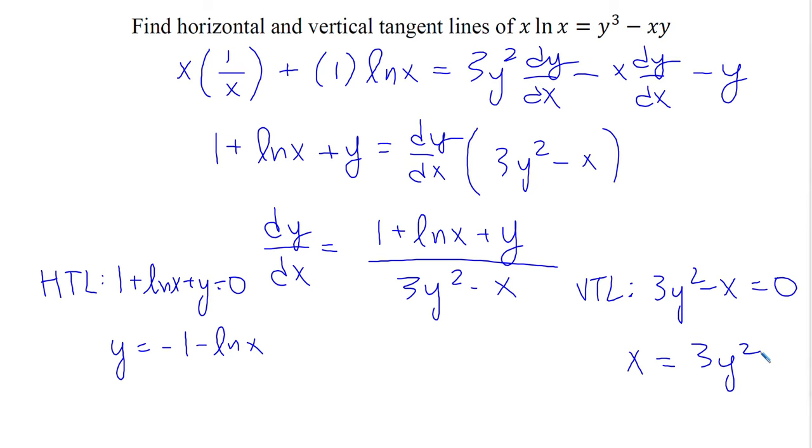So we need to figure out when y equals negative 1 minus ln x and x ln x equals y cubed minus xy. So we're going to need a new page for this, so we'll just substitute in that negative 1 minus ln x for all of the y's in our original equation. So the x ln x that we started with on the left side of our original equation will remain unchanged.